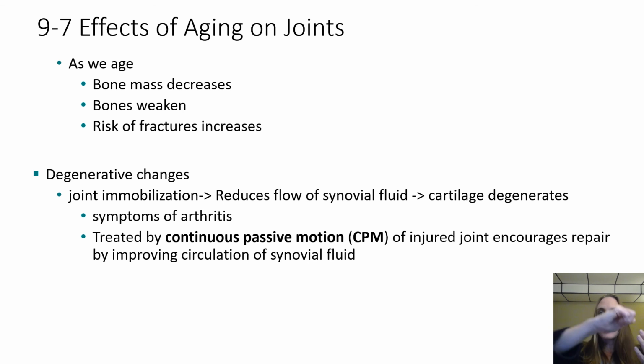And so we might have them do movements that move the joint around, but don't cause strain or pressure. So it's encouraging repair by improving the circulation of synovial fluid by allowing that movement of the joint without causing an increased stress on the joint.